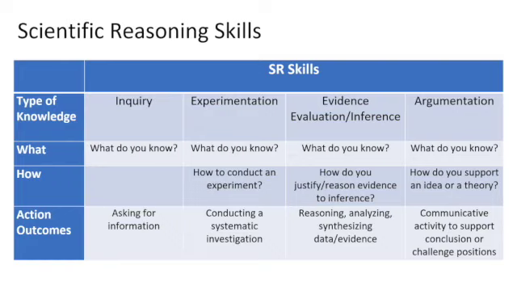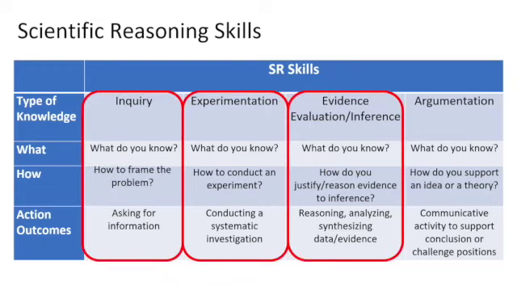There are 4 types of knowledge: inquiry, experimentation, evidence evaluation and inference, and argumentation. Those are skills people need to conduct scientific reasoning. This series of modules will focus on the types of knowledge that relate to inquiry, experimentation, and evidence evaluation and inference.